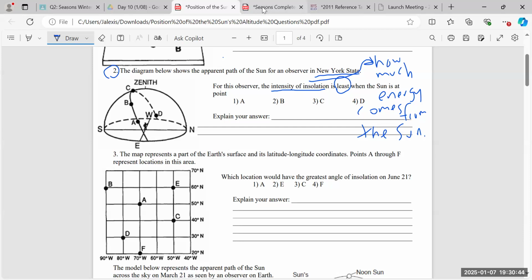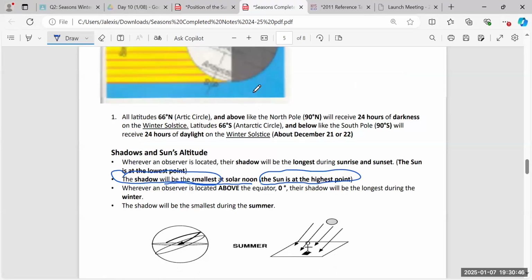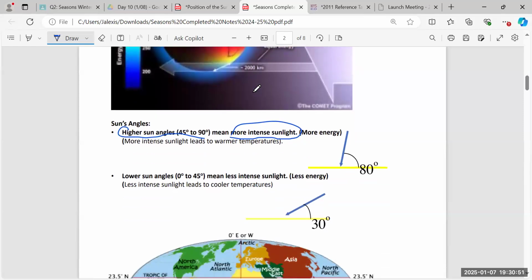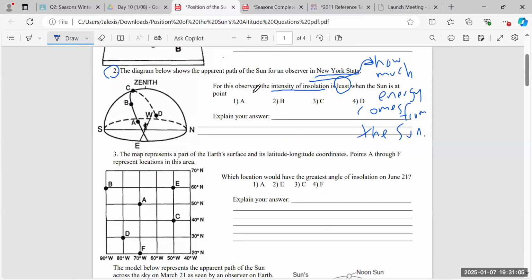So according to our notes, if we go to page 2 of our reference tables, it says the lower the sun angle means less intense sunlight. Lower sun angles mean less intense sunlight.